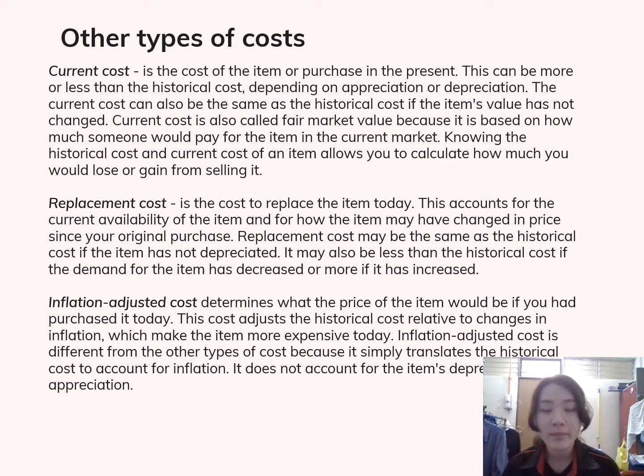Inflation-adjusted cost determines what the price of the item would be if you had purchased it today. This cost adjusts the historical cost relative to change in inflation, which makes the item more expensive today. Inflation-adjusted cost is different from the other types of cost because it simply translates the historical cost to account for inflation. It does not account for the item's depreciation or appreciation.